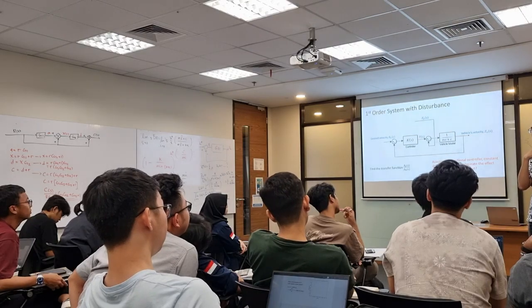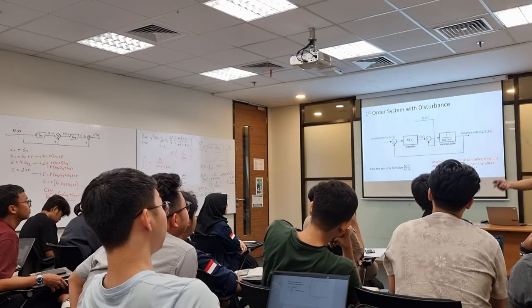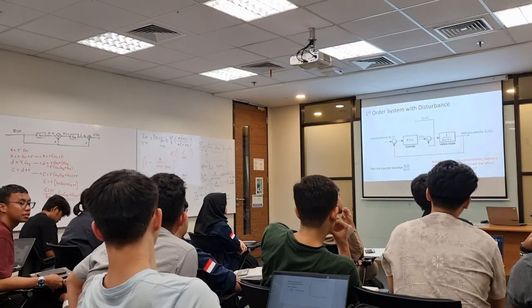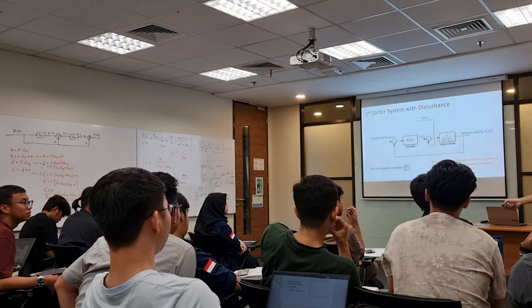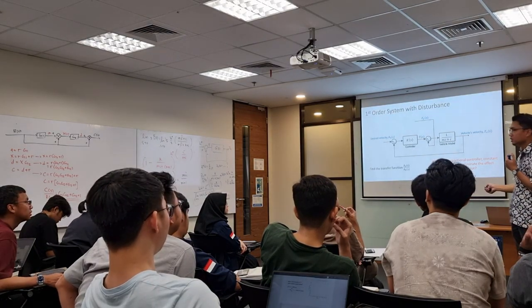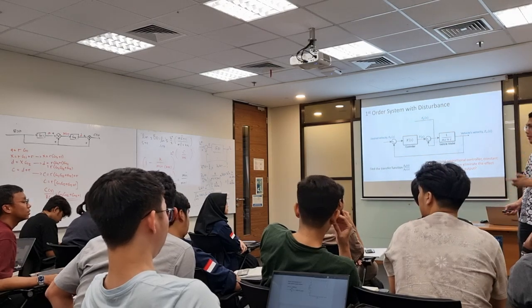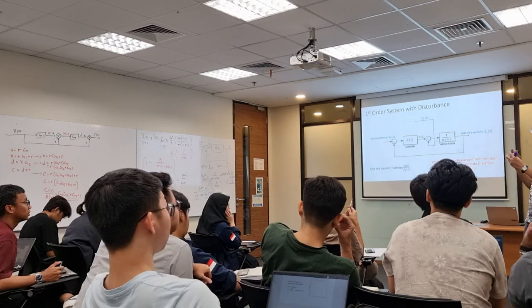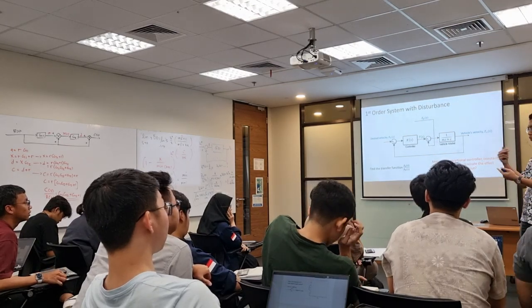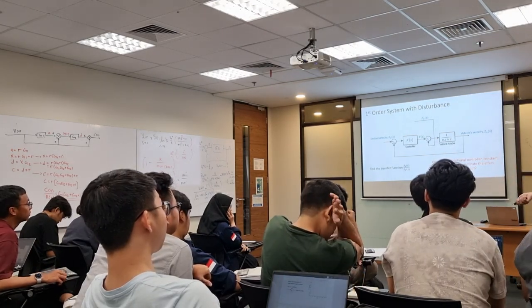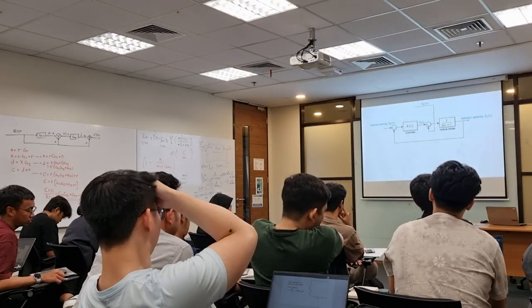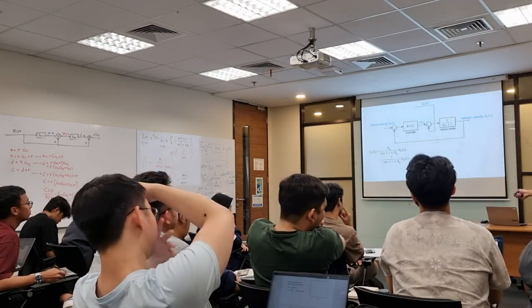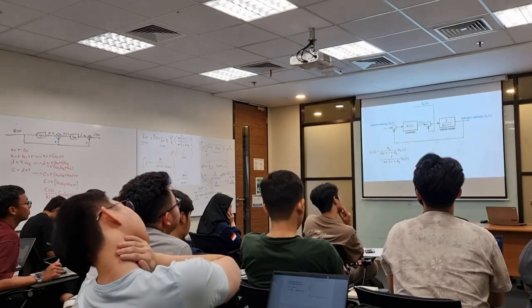You have to leave the proportional controller there. A proportional control is only a constant you put over there. If it is an integral controller, you multiply a constant by 1/s. Let's find out the transfer function first. This is the transfer function.